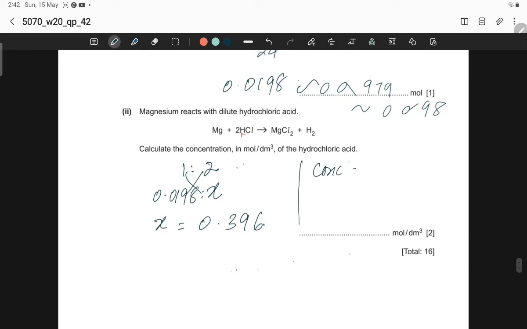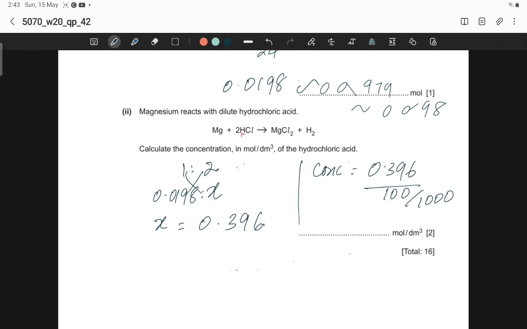So concentration is equal to 0.396 divided by the volume, 100 divided by 1000, which is 0.1.